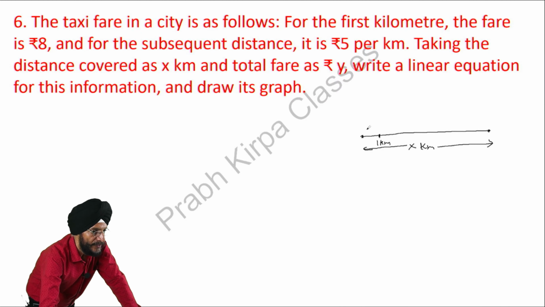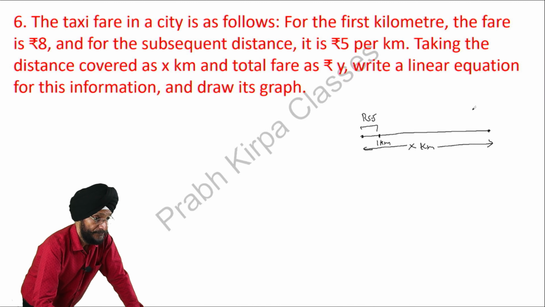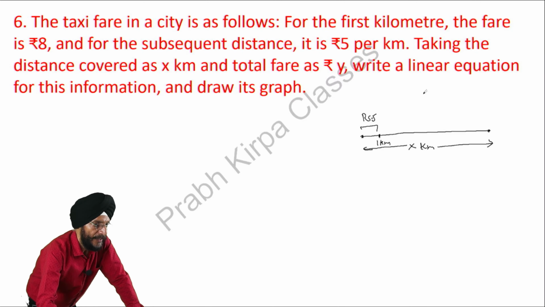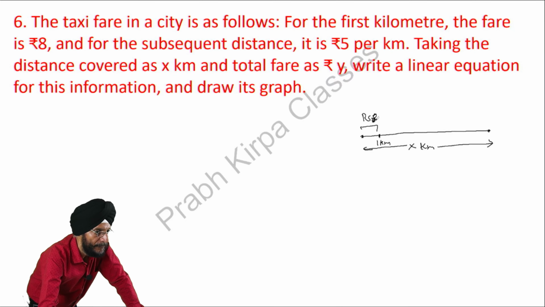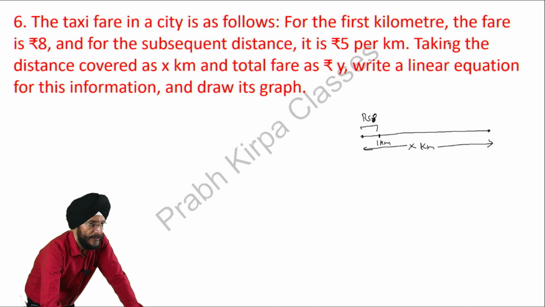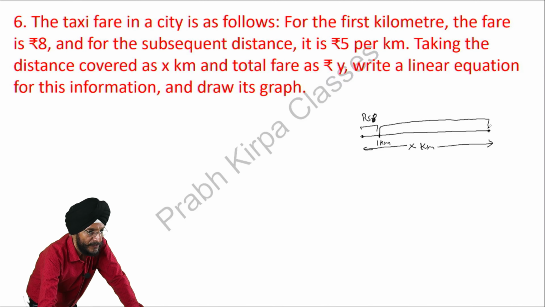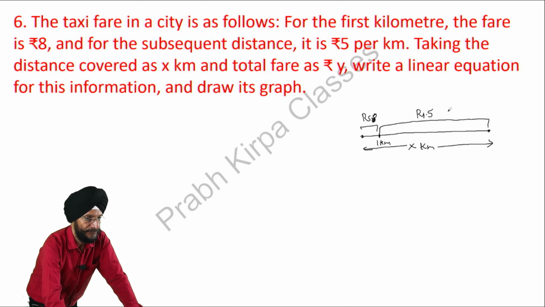What is the rate? From here to here, it is rupees 5 per kilometer. Rupees 8 for the first kilometer. Then for the subsequent distance, from here onward, the rate is rupees 5.